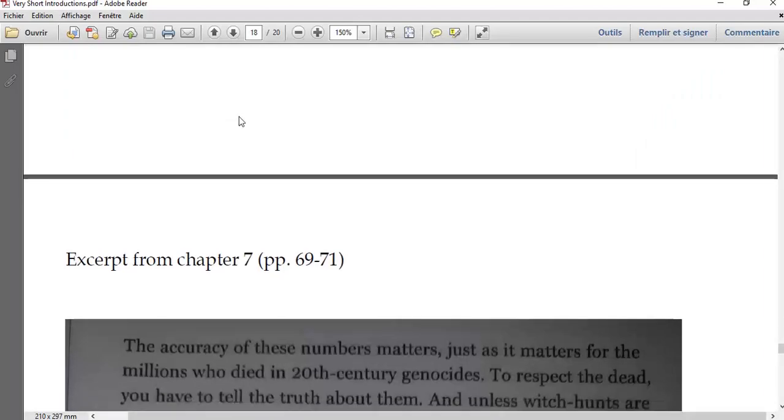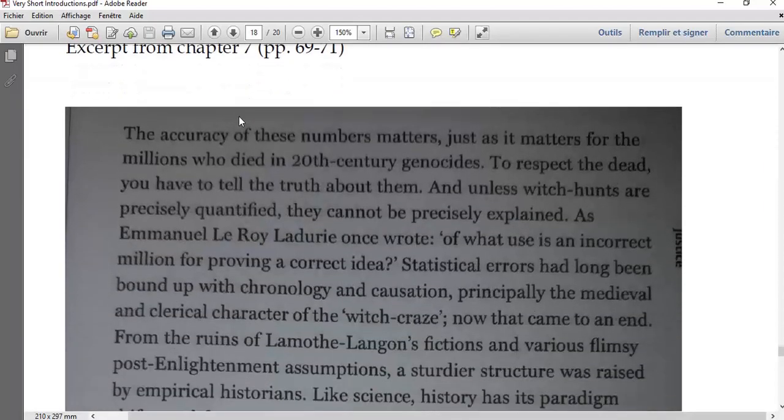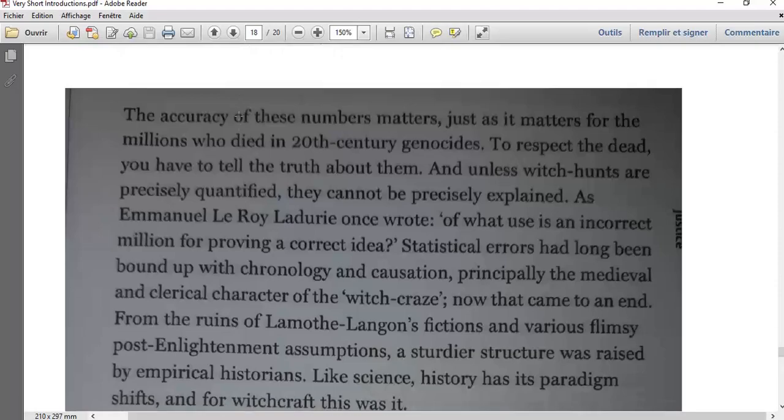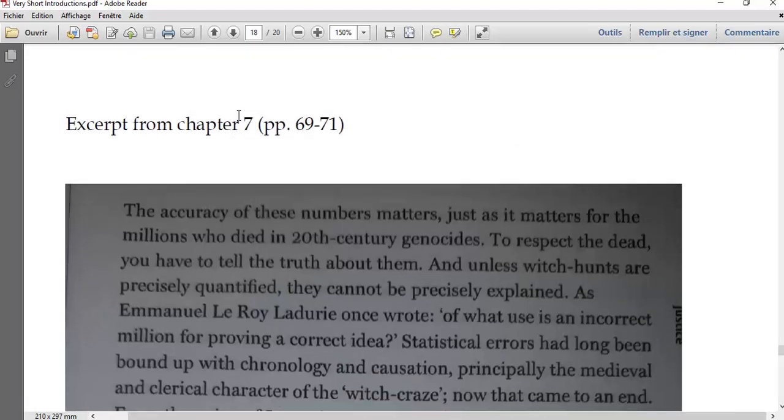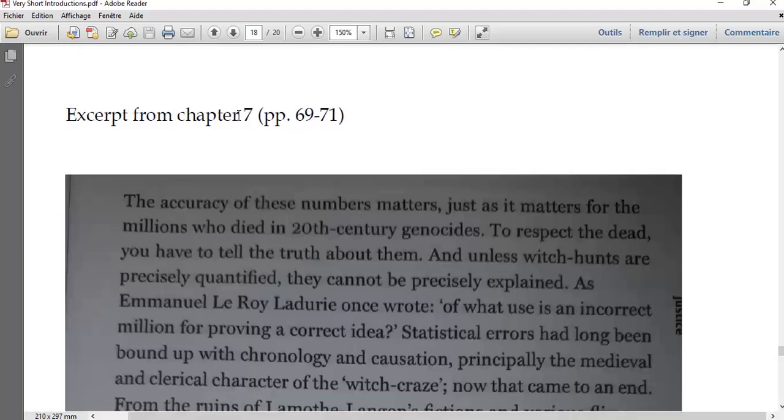Last excerpt I have given is an excerpt from chapter 7, and this is where I made a mistake. In fact, it's chapter 5, Justice. And in chapter 5, which I have incorrectly quoted as chapter 7, this is a mistake here, so it's chapter 5.